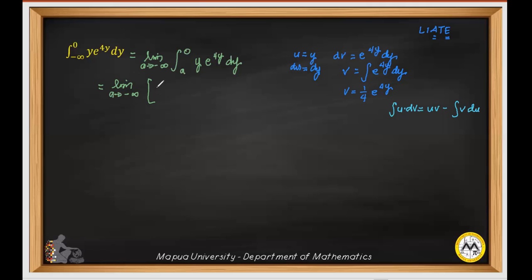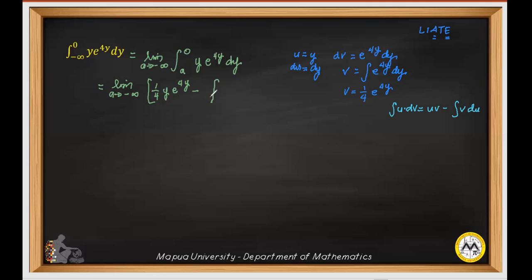So multiplying will give us 1 over 4 times y times e raised to 4y, minus the integral of v du. V is 1 over 4 e raised to 4y and du is dy.